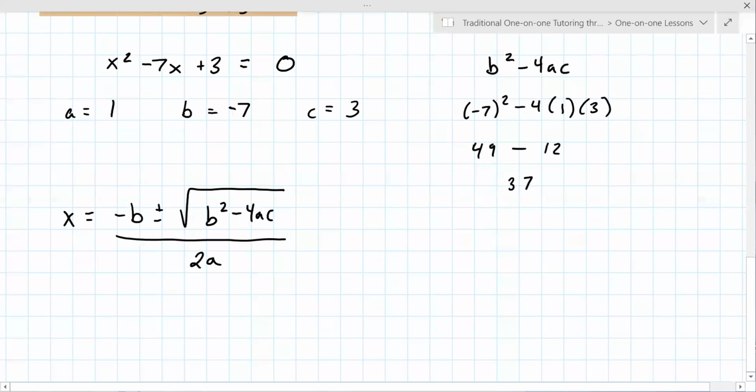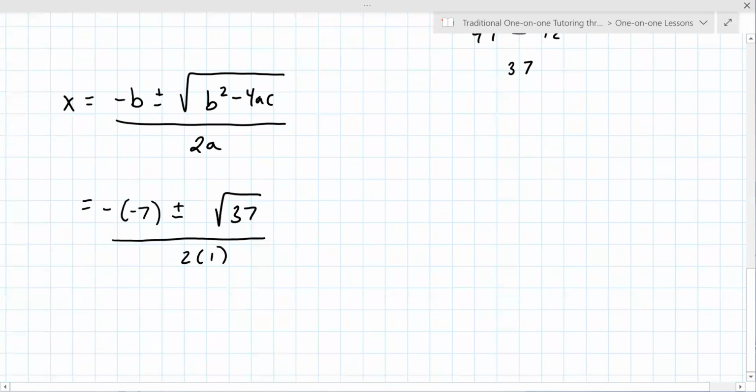So now we can write the quadratic formula. It's always the same. Now you have all the values. You have b is -7, so you write negative parentheses -7. And instead of writing b squared minus 4ac under the square root, you just write this number that you found, the square root of 37, over 2 times a, which is 1. So this can be reduced slightly.